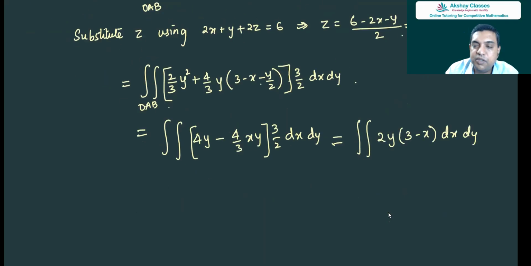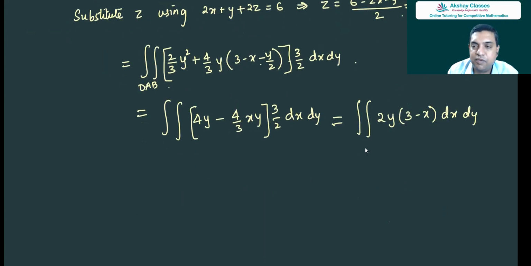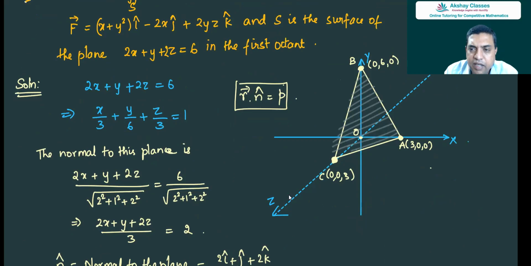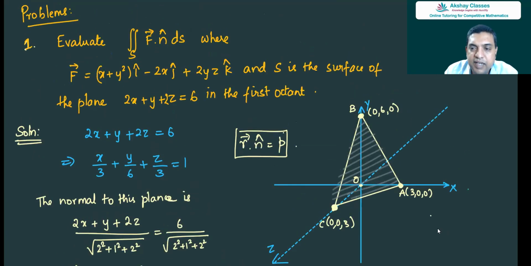Now I have to substitute the limits. Very important. Now look at this figure. Look at OAB. In OAB, your z value will be 0. So for this particular region OAB, you put z equal to 0.